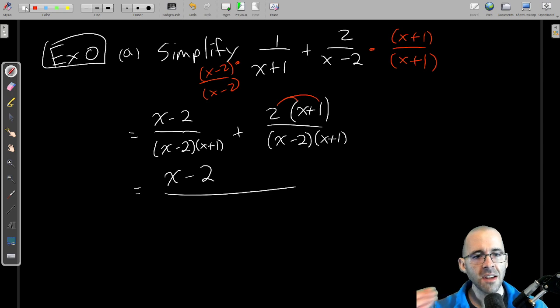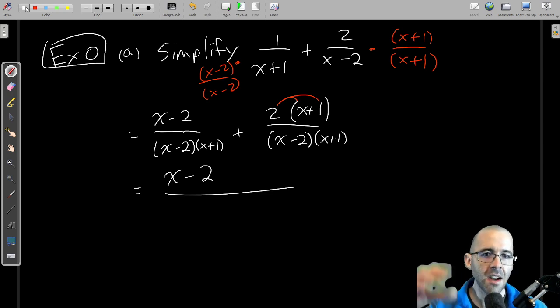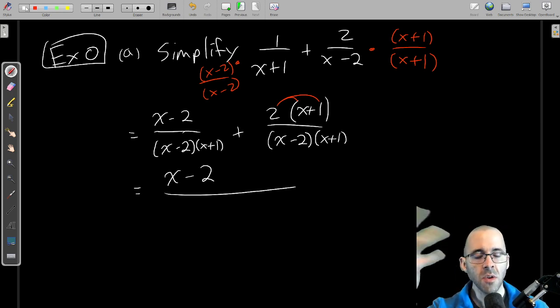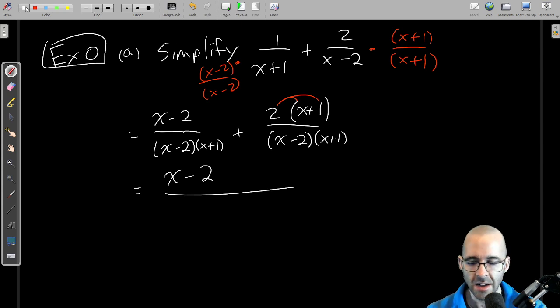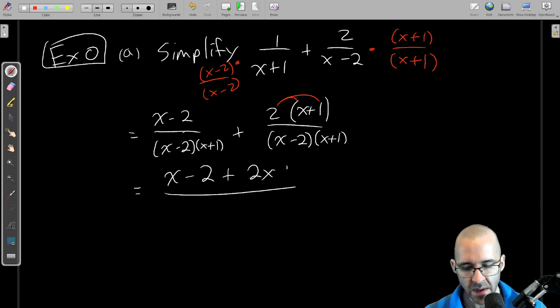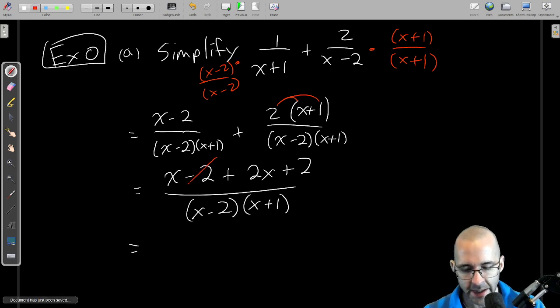Usually the rule of thumb is to keep the denominator factored and to FOIL or distribute the numerator so we can collect like terms and we don't have to factor afterwards. Plus 2x plus 2. The denominator stays the same. And then minus 2 plus 2, 1x plus 2x. We got 3x over.